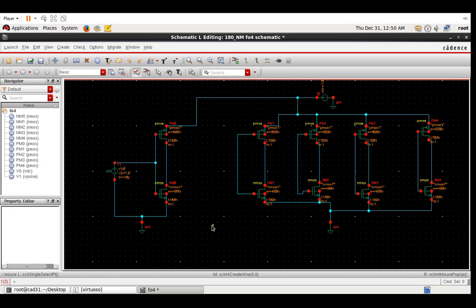Okay, so let's just check once. Everything is there. We have the 4 inverters and we have the inverter.